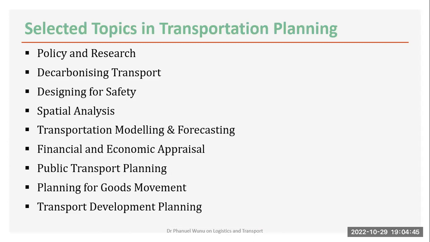So some selected topics in transportation planning, like policy and research, decarbonization of transport. We are looking at a lot of issues, like how do we ensure research into transport so our transport systems are more efficient, decarbonization of transport. We don't want this fossil fuel transport.